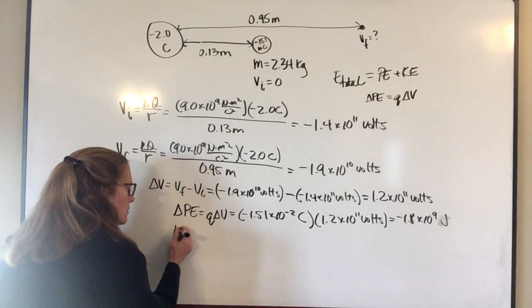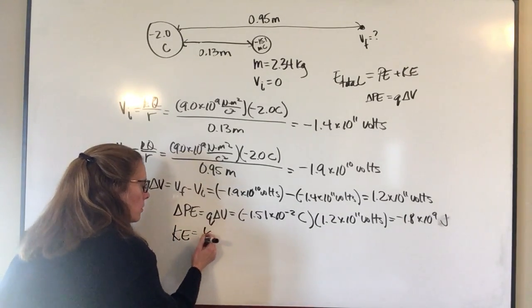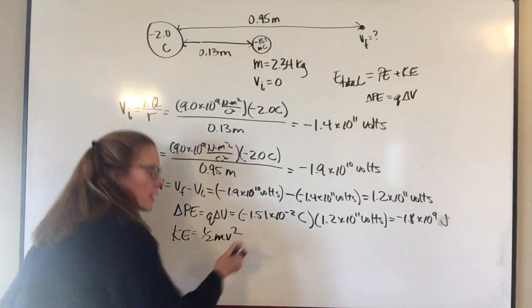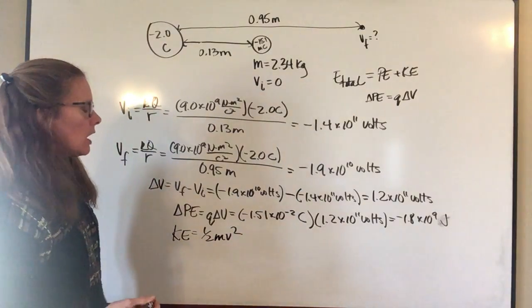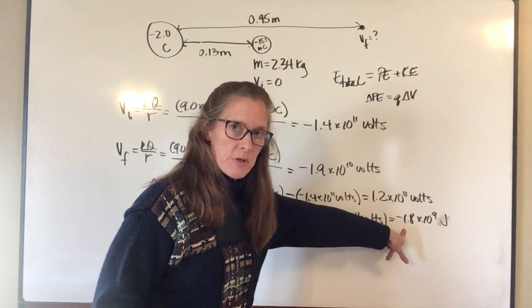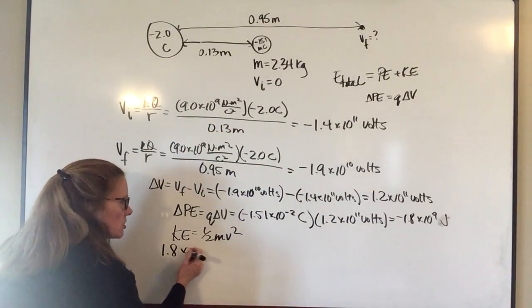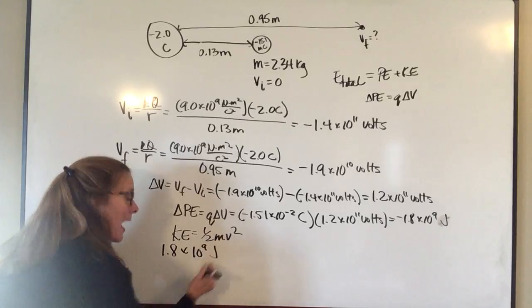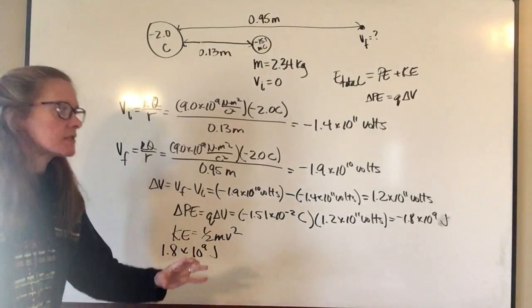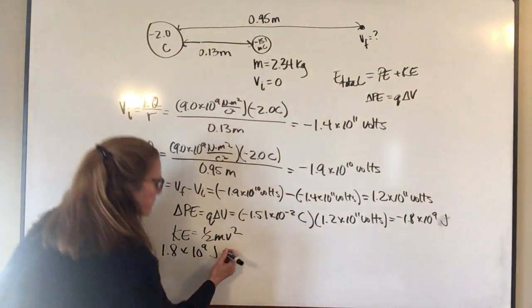Kinetic energy is calculated just like I've always done it before, 1/2 mv squared. So that hasn't changed at all. It's a decrease in potential energy, so I'm going to have an increase in kinetic energy. So this number is now going to be positive. So you've got to think through this and make sure that you got your signs right.